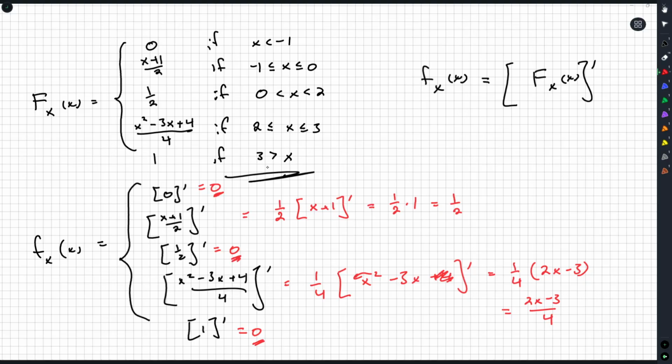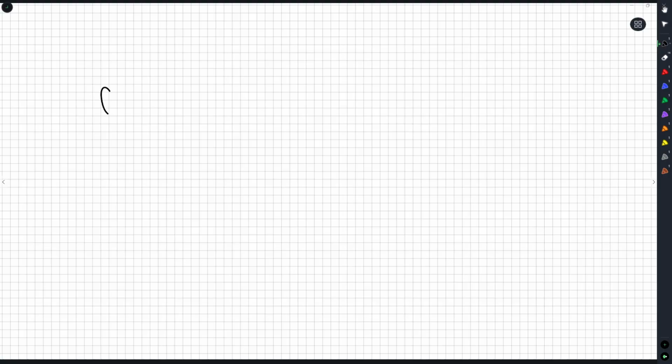Okay. So it's going to be 0 in a lot of places. So when x is bigger than 3. Got that wrong. So it's going to be 0 when x is bigger than 3, when it's between 2 and 0, and when x is less than minus 1. We can summarize all of that by just having, and this is a pretty common thing to see, an equals 0 otherwise.